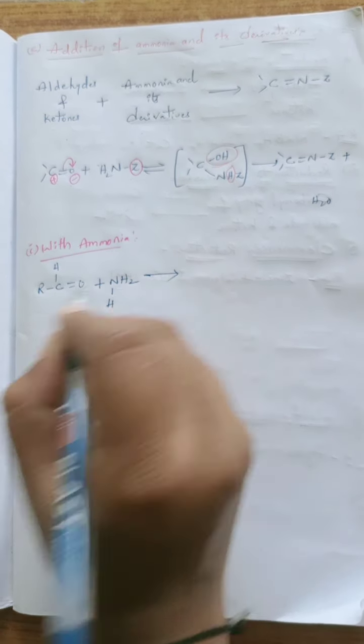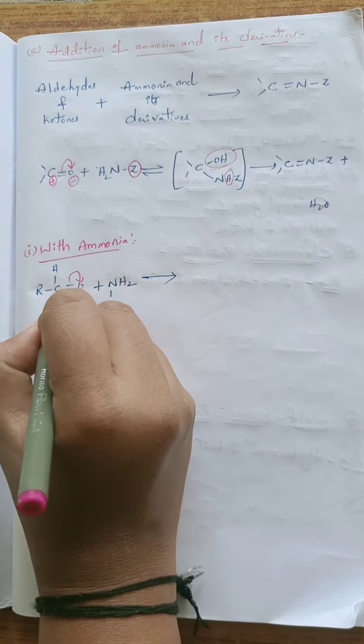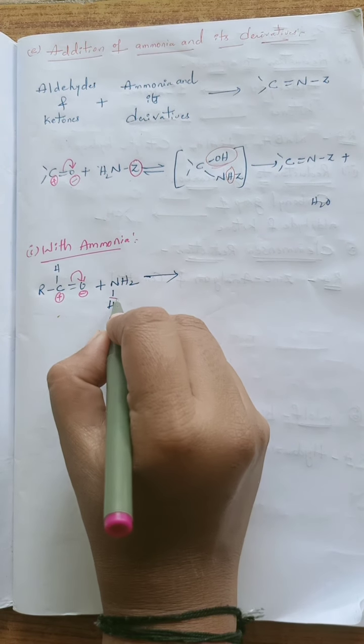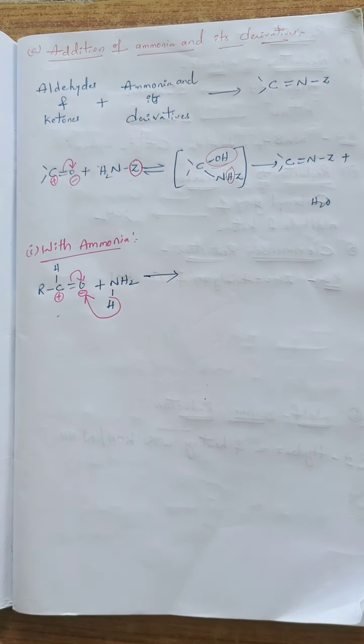In the first step, the pi bond moves to oxygen, oxygen gets a negative charge and carbon gets a positive charge. From here hydrogen is eliminated as H plus and added to oxygen, and NH2 minus is added to carbon.